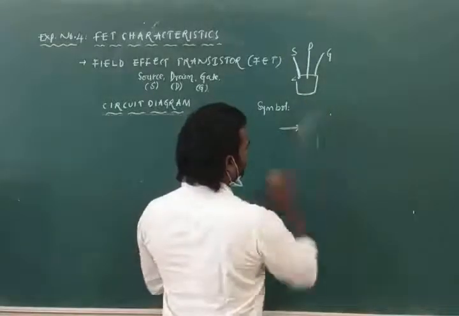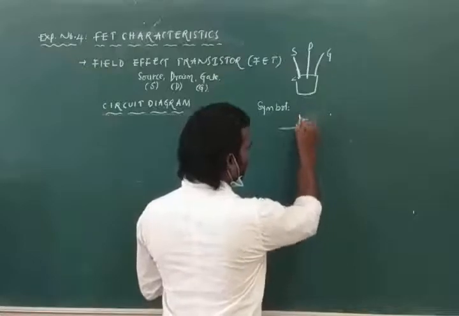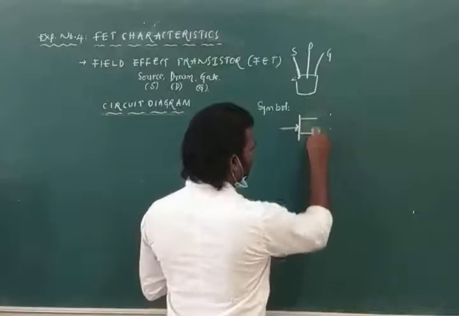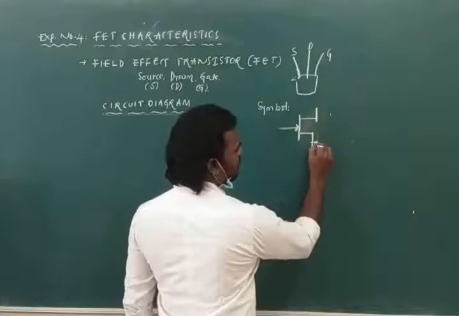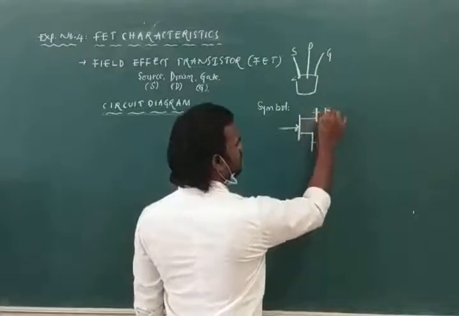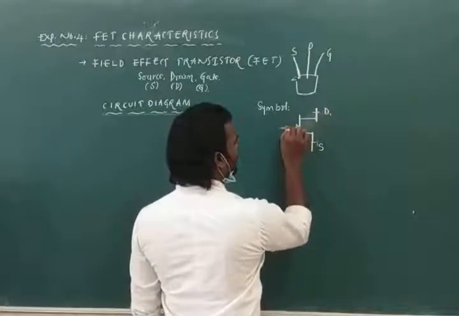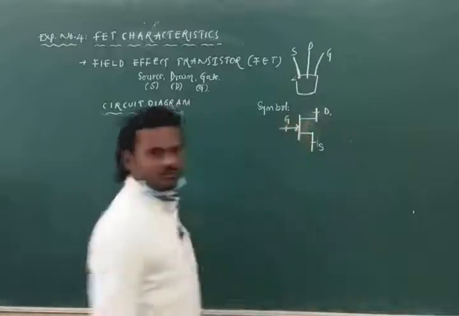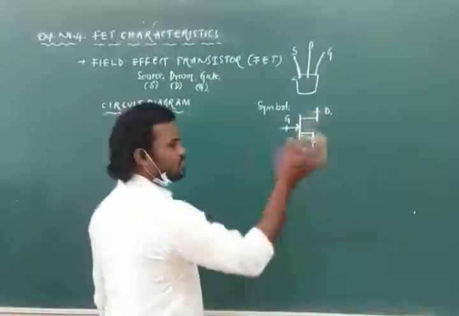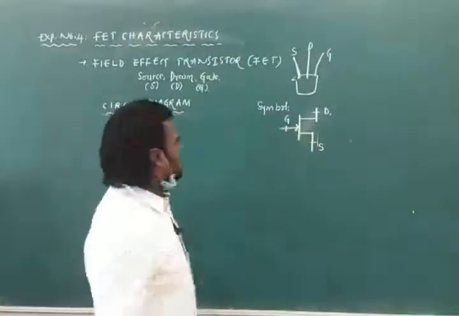This terminal is source, this will be drain and this will be gate. By connecting this onto the breadboard, we have to go with the characteristics.